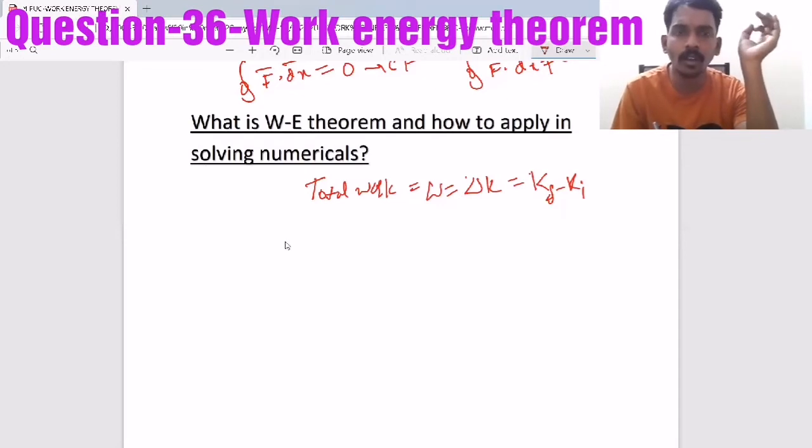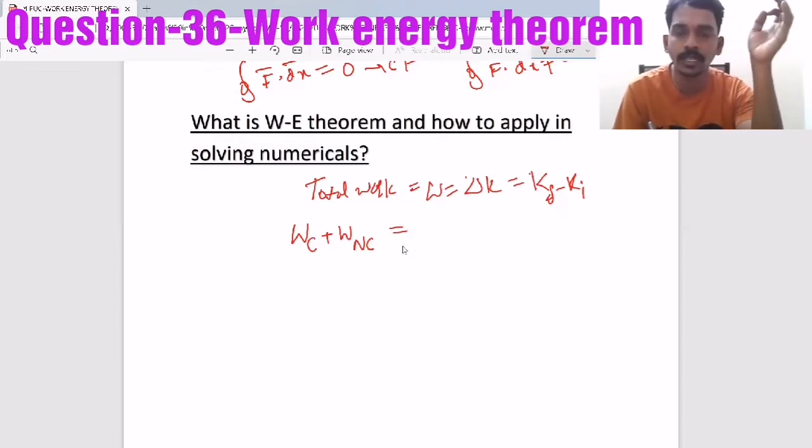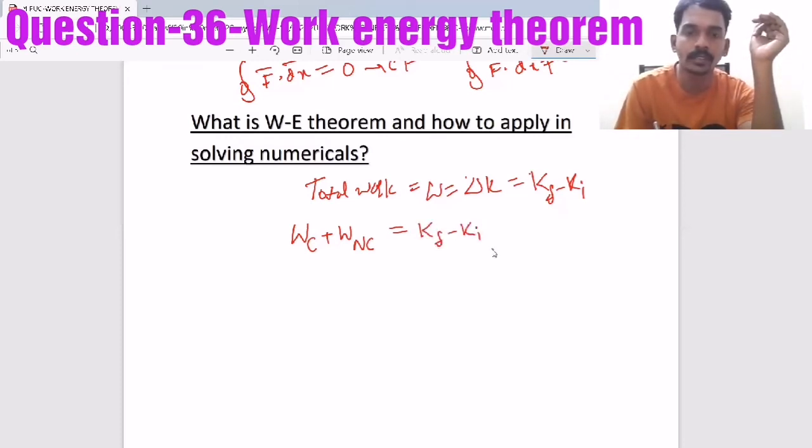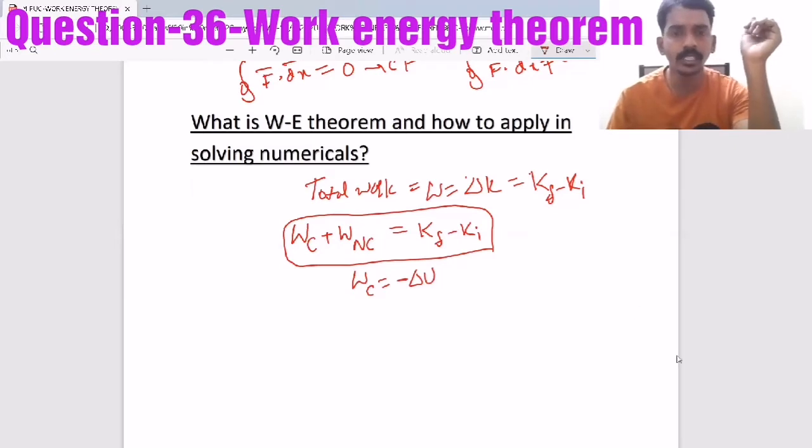We categorize all the forces into two types: conservative force and non-conservative force. So work done by conservative force plus work done by non-conservative force equals K final minus K initial. And work done by conservative force is nothing but the negative of the change in potential energy. That is what you need to understand also.